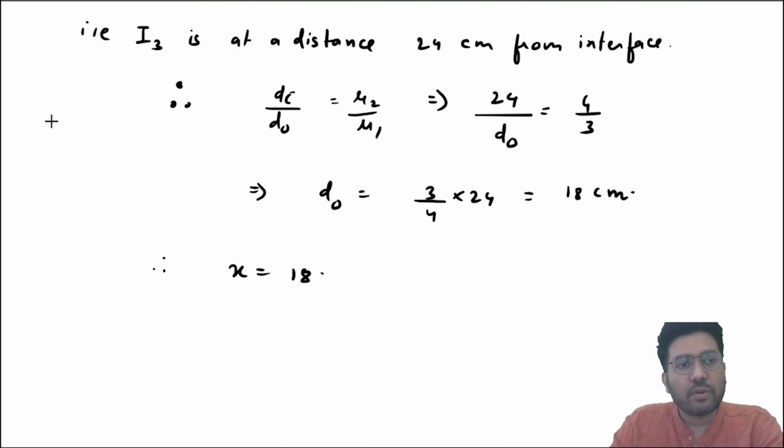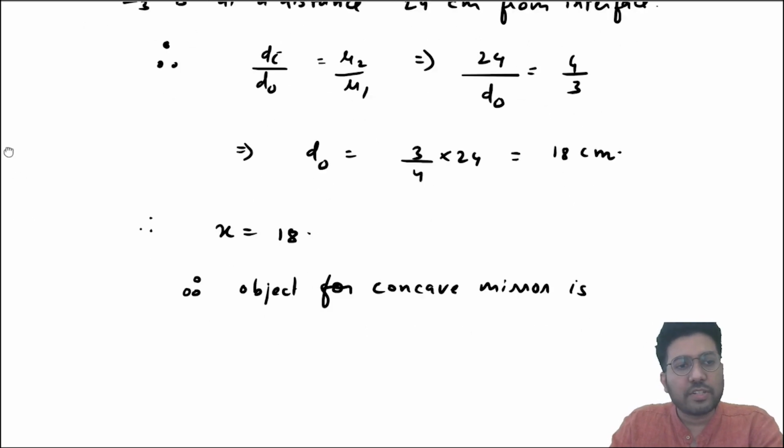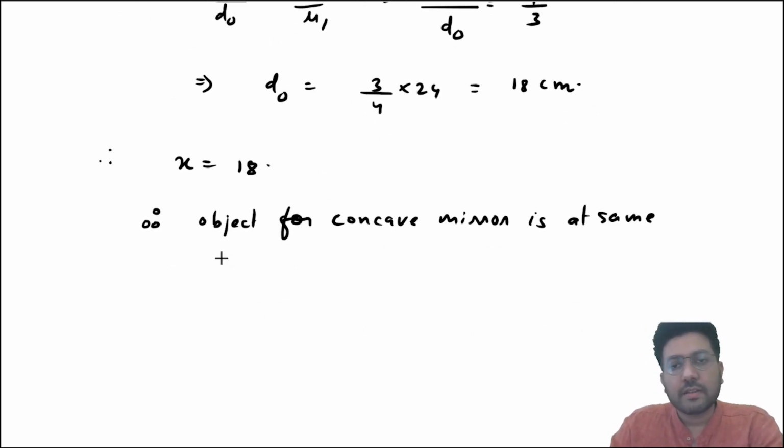So therefore object for concave mirror is at the same position as image from concave mirror.